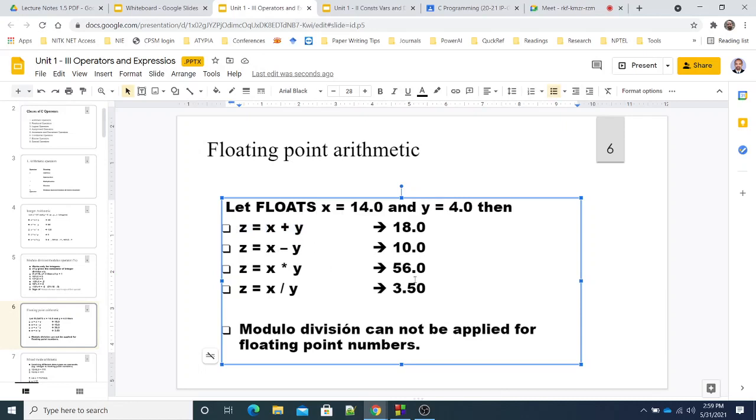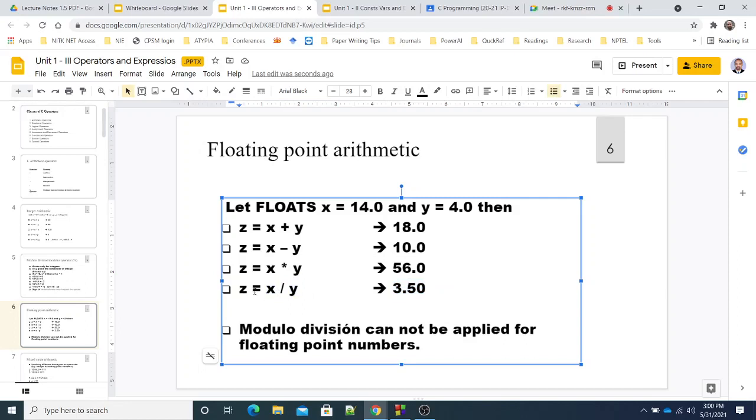Now we get a floating point result. Our assumption is that x and y are floats, so x divided by y is going to be a floating point number. This is no longer integer division because the operands are of floating point type, so the result is also floating point. If at least one operand is of floating point type, the result will be of floating point type.